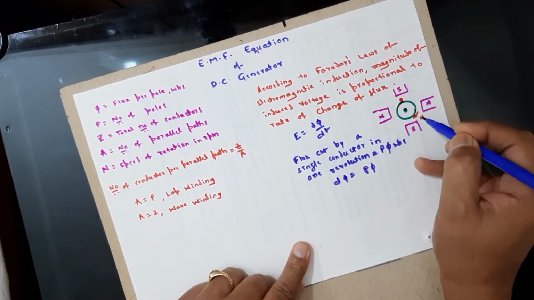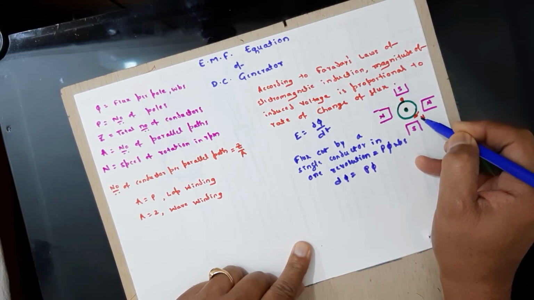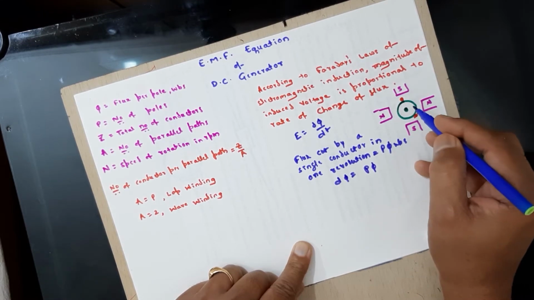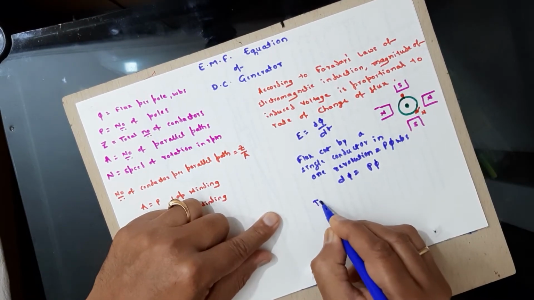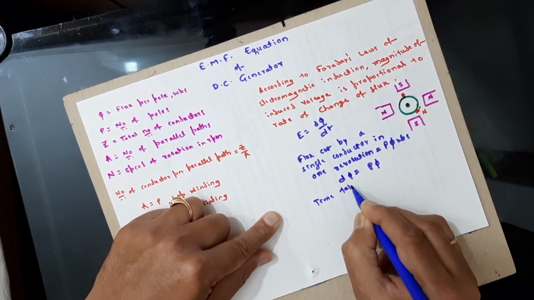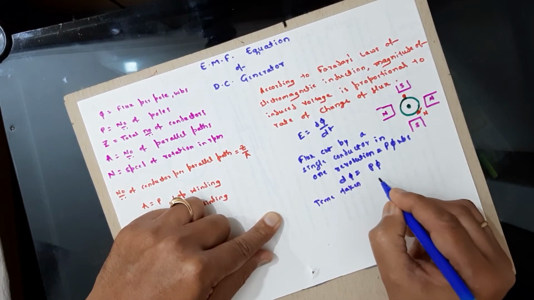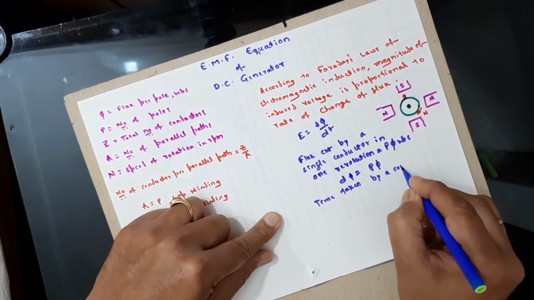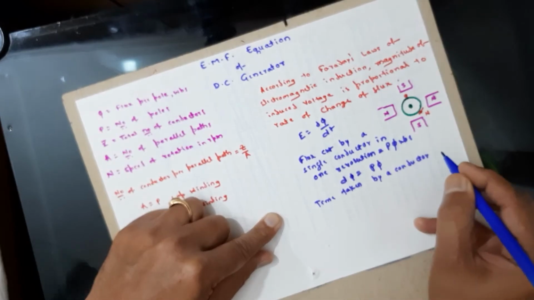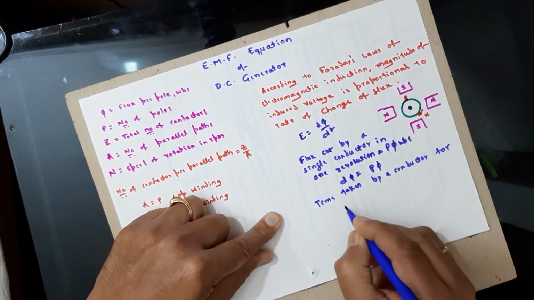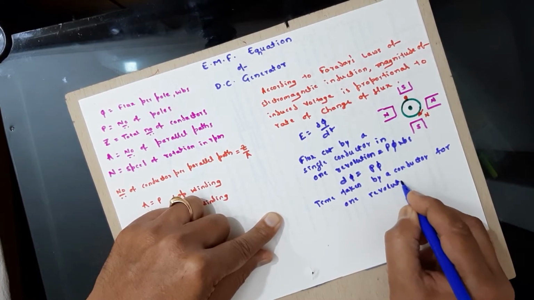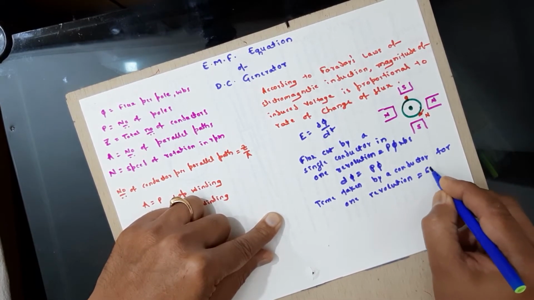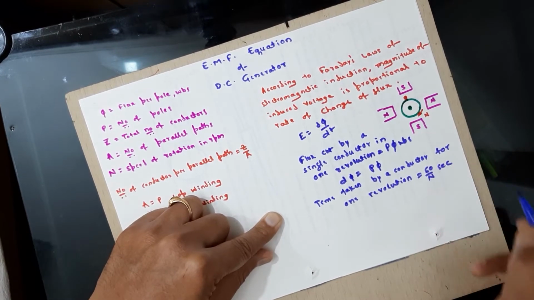Now, the rotor is rotating with a speed of N rpm. It is making N revolutions in 60 seconds. Therefore, the time taken for a single revolution is 60 by N. Therefore, the time taken by a conductor for one revolution is equal to 60 by N seconds.